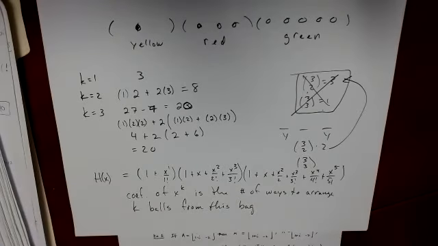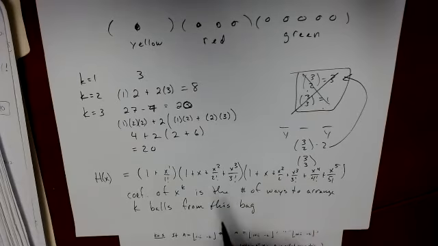And if you just kind of glance at it, how many ways can I arrange 9 balls? Well, the only way to get 9 balls is to choose all of them. So that would be x to the 5th over 5 factorial times x cubed over 3 factorial times x to the 1st over 1 factorial.